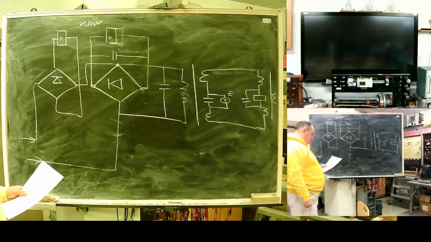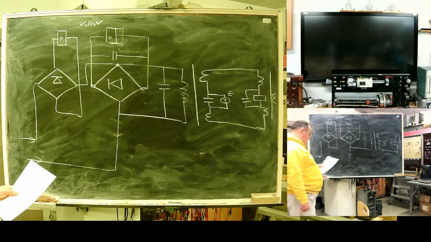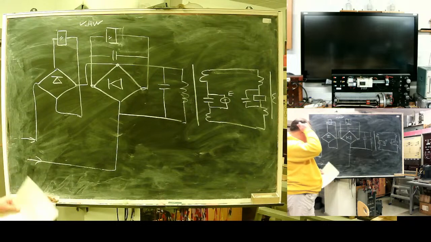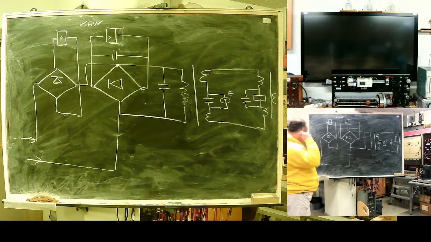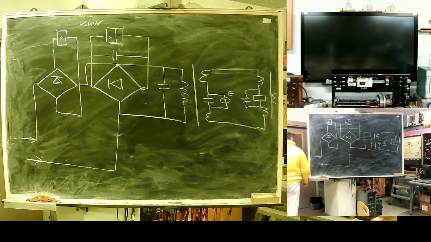On the opposite side sits a blocking relay. How does this thing work? The idea is that proportional values at each side are compared.